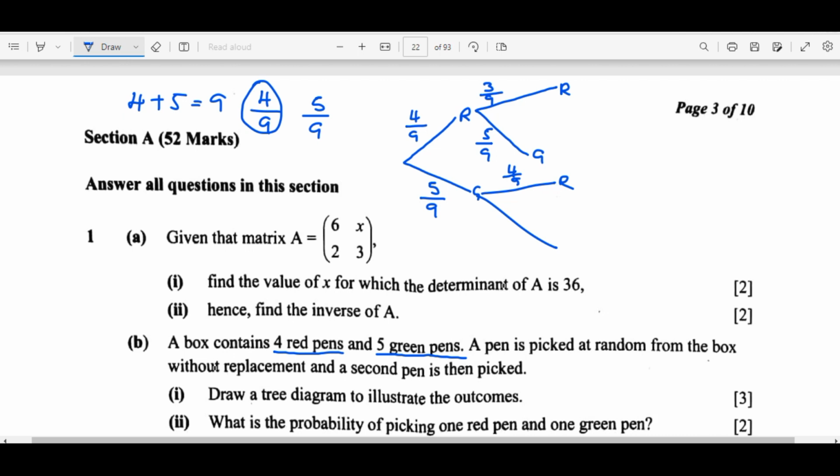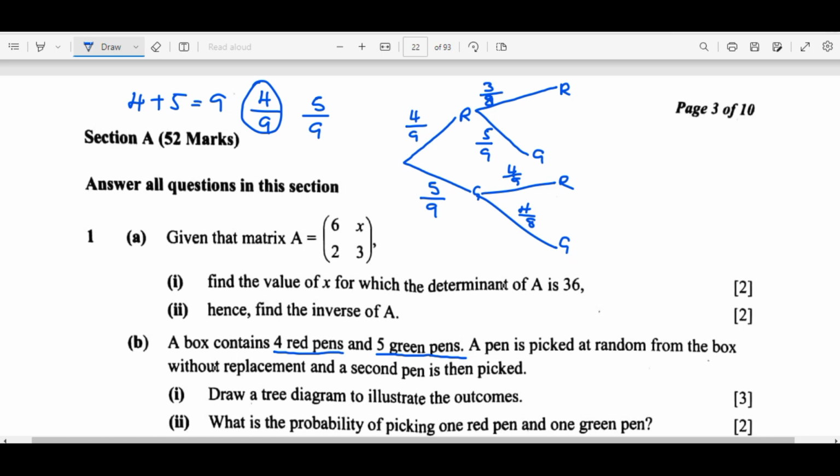If one color was reduced, that is 4, so we would say 4 over 8, because the number has been reduced. One pen has been picked. Same here, we're going to say 8, meaning that the pen which was picked is green there.